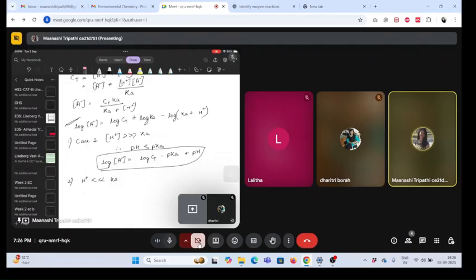If we put this H plus is less than Ka, log A negative is equal to log Ct plus log Ka minus log Ka, which will eventually give us log A negative is equal to log Ct.